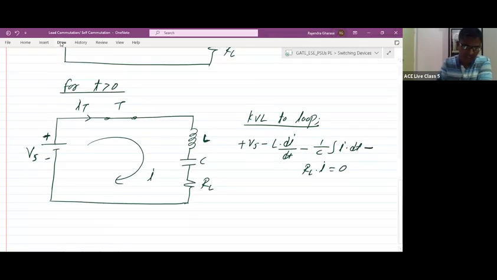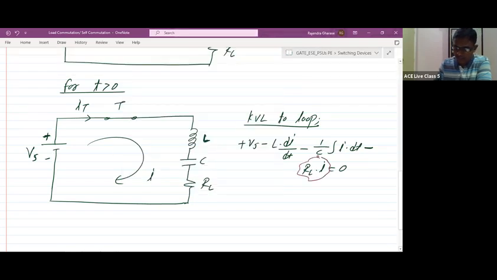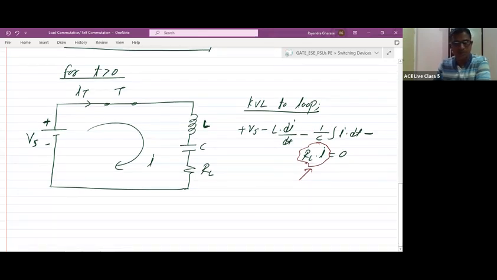But if you check in this circuit, as RL is low, the voltage across RL will be very small compared to the voltage across the inductor and the voltage across the capacitor. So we are going to neglect it.